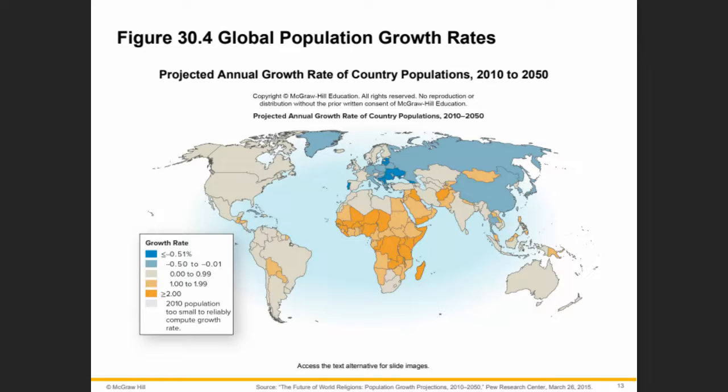In the less developed countries, Latin America, Asia, and Africa, the population growth is dramatic. It's really dramatic, and the majority of the population over here is living below the poverty line.